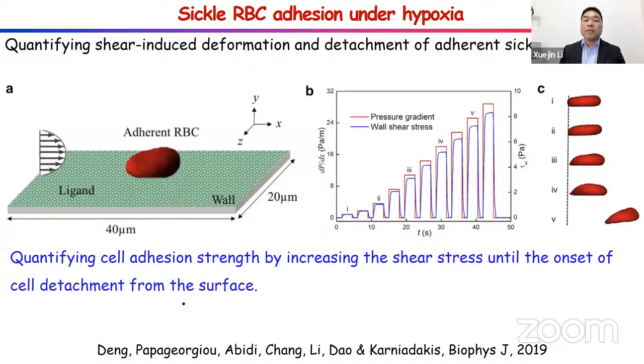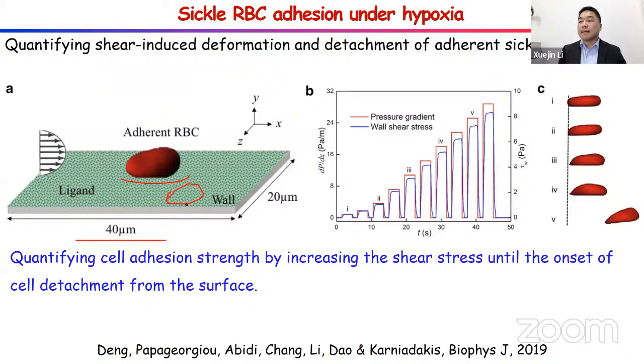Then, to quantify the cell adhesion strength, in the left figure we show the sketch of the simulation setup. A red blood cell is adhered to the wall surface. And here, the green color represents the ligand coated on the wall surface.